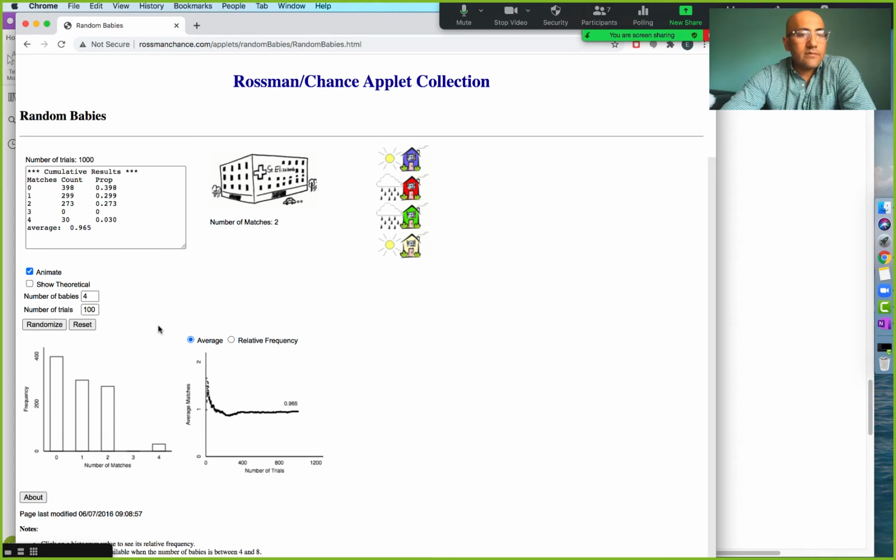After 1,000 times, we found that the most common thing that happened was 0 matches, right? We repeated this experiment 1,000 times, and it turns out that 398 of those 1,000 times were cases where none of the babies went to their correct households. 299 times, only 1 baby went to their correct house. 273 times, 2 out of the 4 babies went to their correct house. 0 times did we have exactly 3 babies.